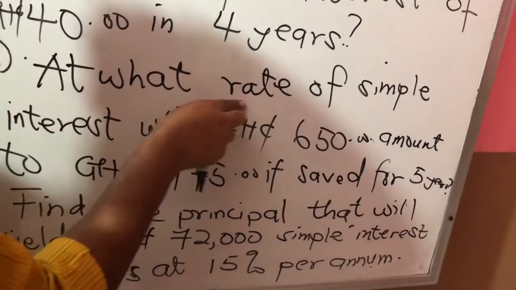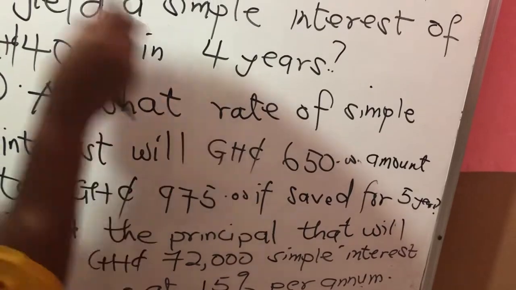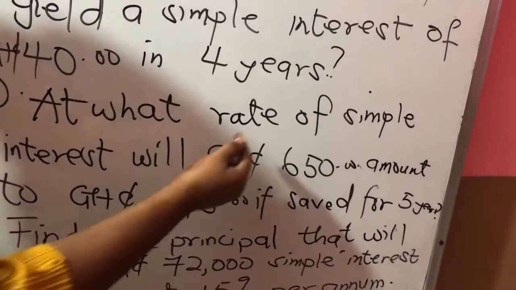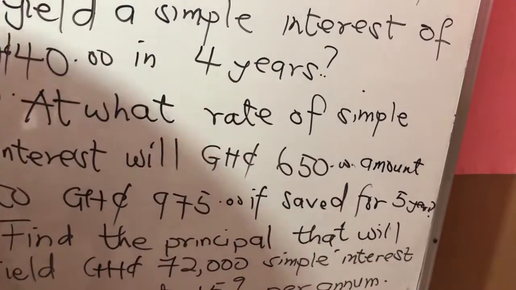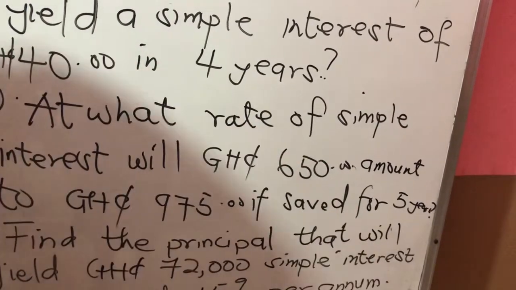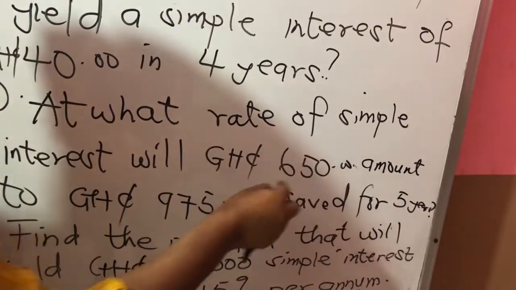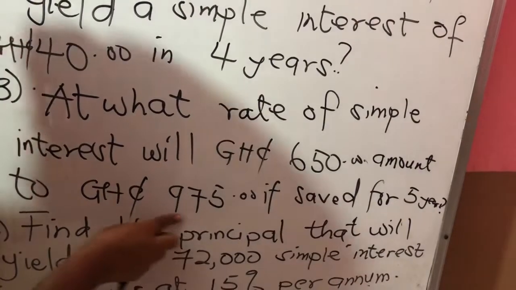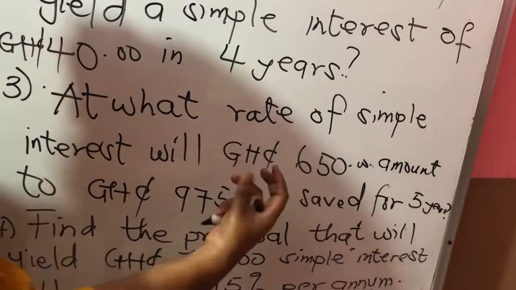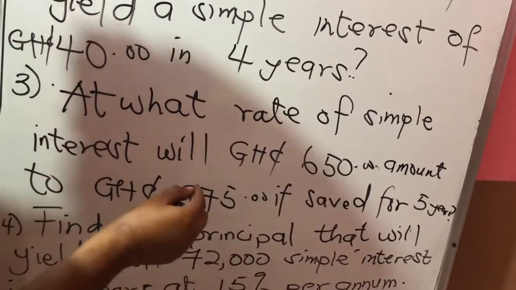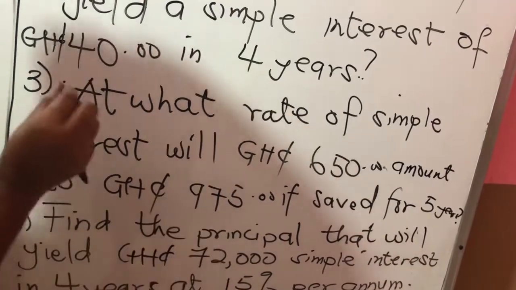But they are not asking you to find the simple interest, they are asking you to find the rate. And before you can find the rate, you need to find the interest. Now, this is the amount, because the principal plus the interest will give you the amount. So we have to deduct this 650 from this 975 to be able to get our simple interest.